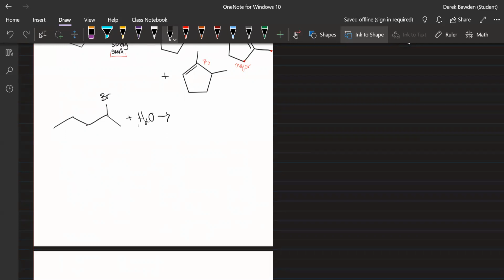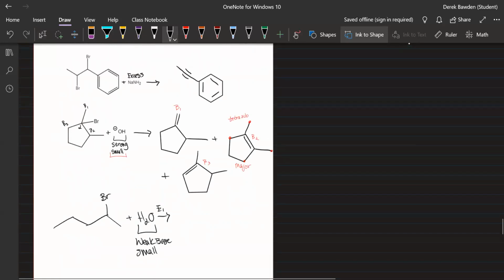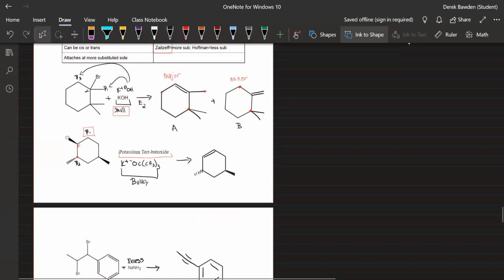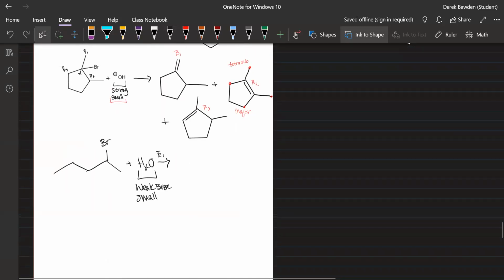So we have a weak base, and we have a small base. So he's weak and small. This is going to be E1 because we have a weak base. The rest of them I did were strong, huh? Yeah, perfect. So this is a weak base.